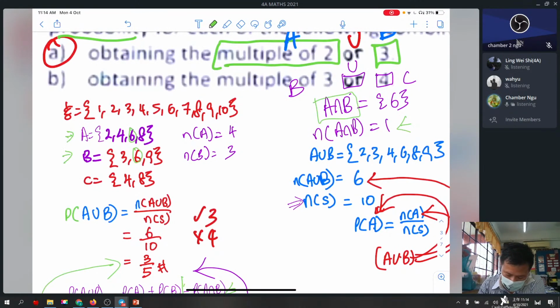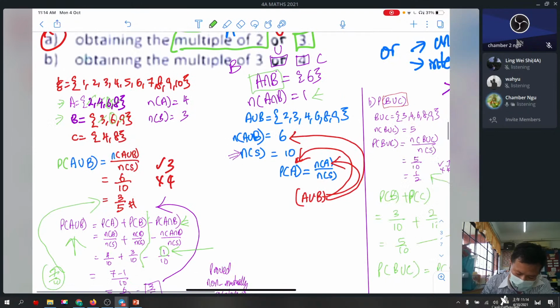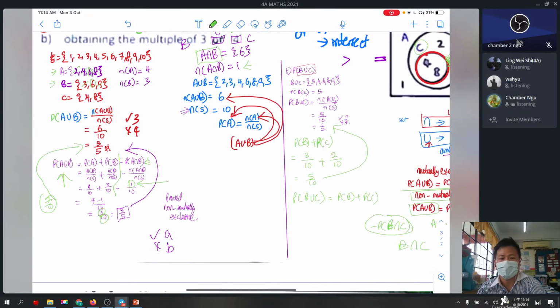Dia muncul 2 kali. Jadi you kena tolak lah. Itulah ditolak 1 kali di sini, sebab setiap satu ni kira 1 saja. 1, 2, 3, 4, 5, 6. See? 6 plus 10. Bawah sini, ya.